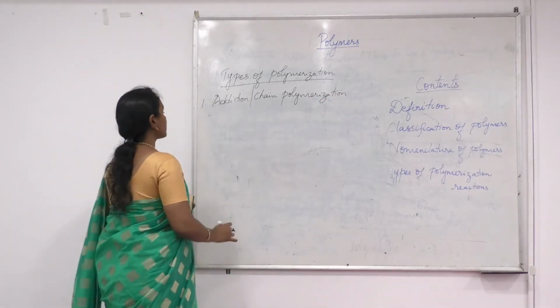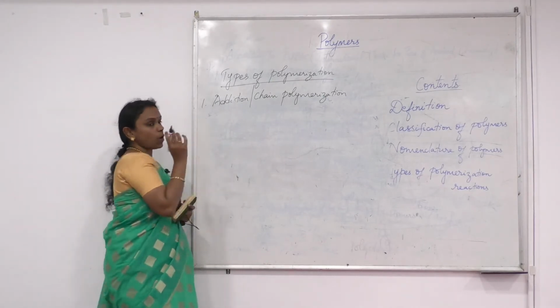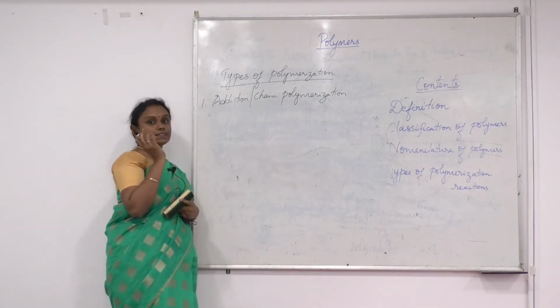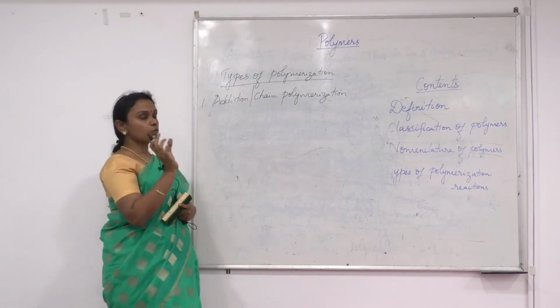In the case of addition polymerization, the product or the polymer that is formed is the exact multiple of the original monomeric molecule.